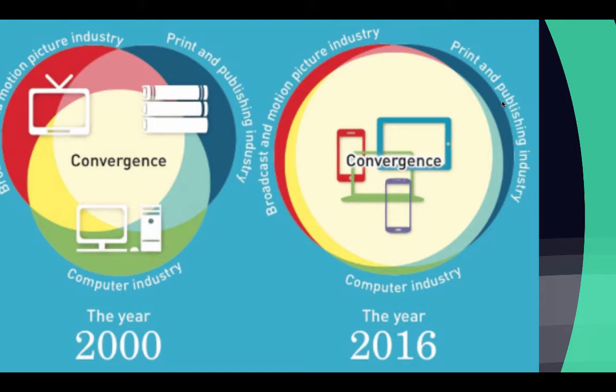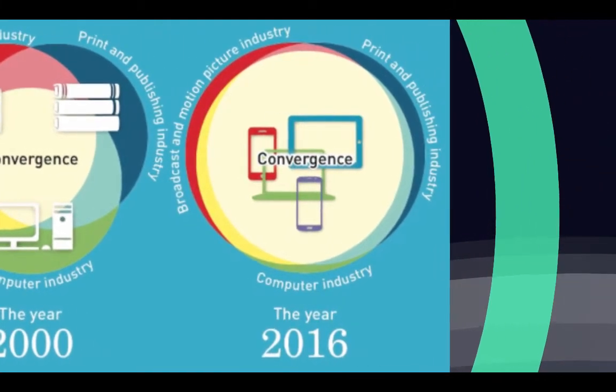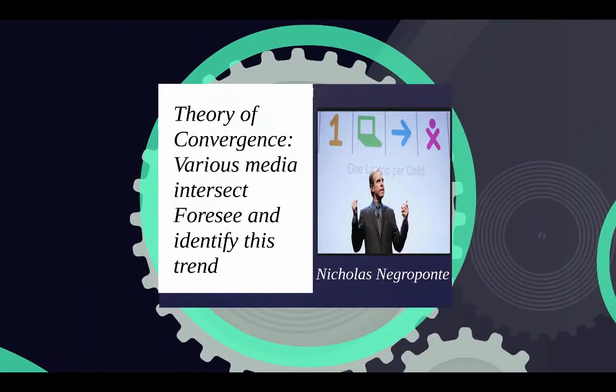That is how things have developed, and that is convergence, proposed by Nicholas Negroponte, who saw the potential of the intersection of various media and identified the trend much before it could really happen.